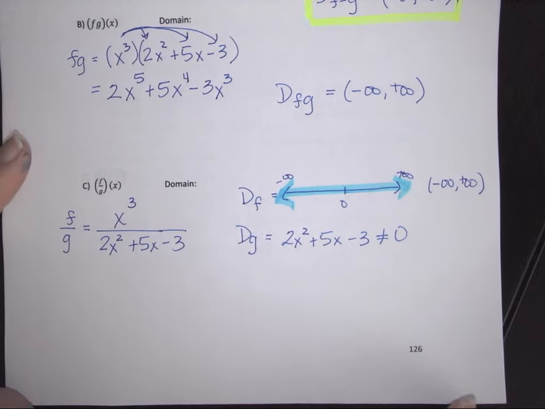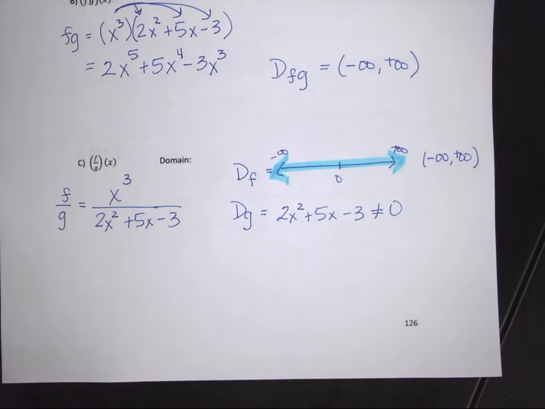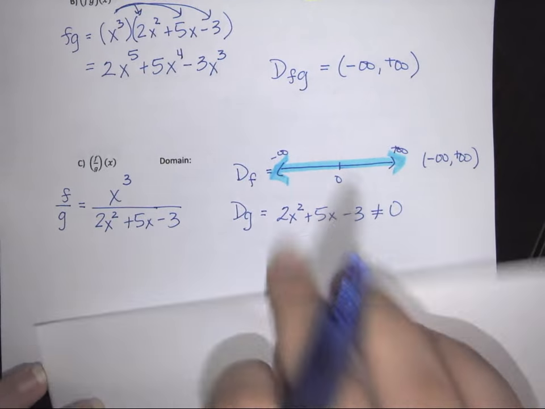Well, this is a quadratic, so there are many different ways to solve. One way is to set it into factored form, or you can use a method called bottoms up.